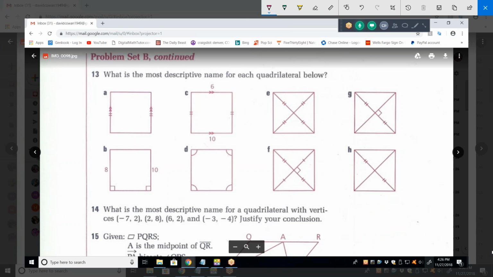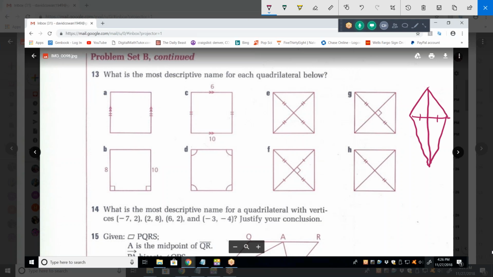How about F? A rhombus. I was going to say a kite. Remember a kite? Again, by elongating it, you can see a little bit more. Notice that that's equal to that.